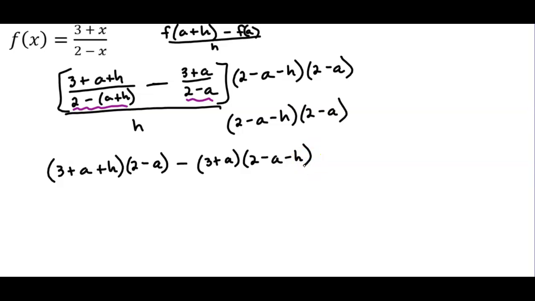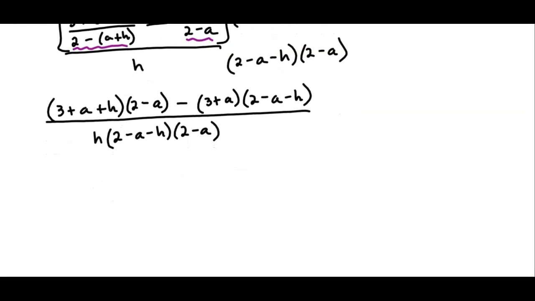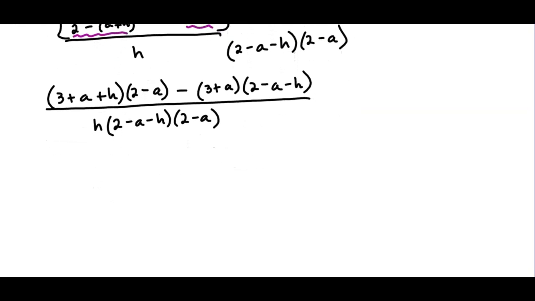And so that's going to be some work. And then in the denominator, I'm not going to multiply stuff out. I'm going to have h times 2 minus a minus h times 2 minus a. And I'm just going to leave it that way. I'm going to leave the denominator alone for now.